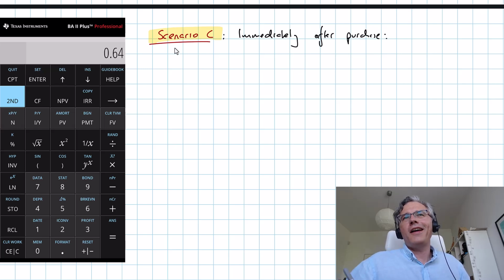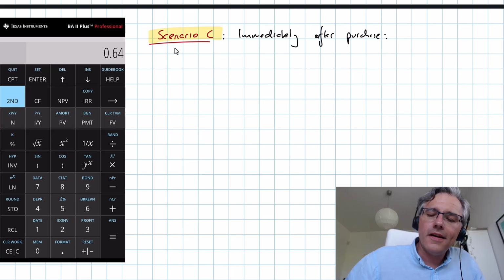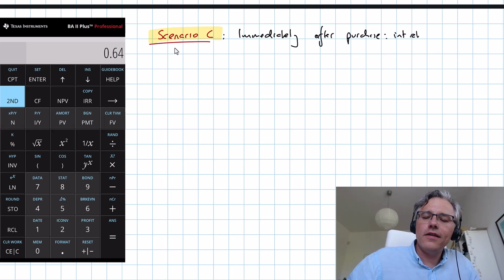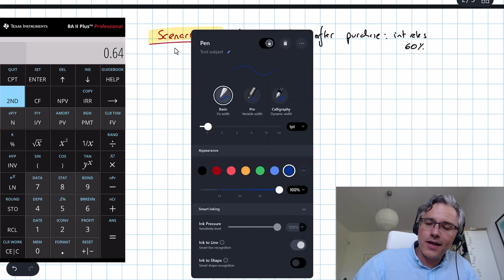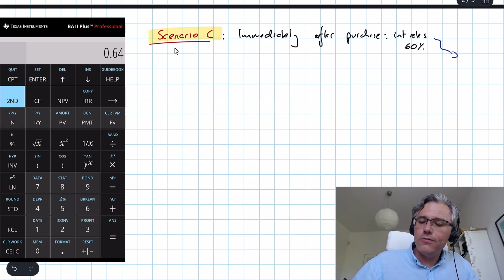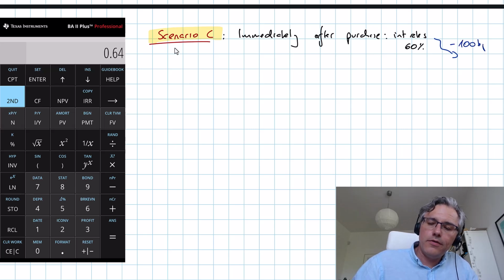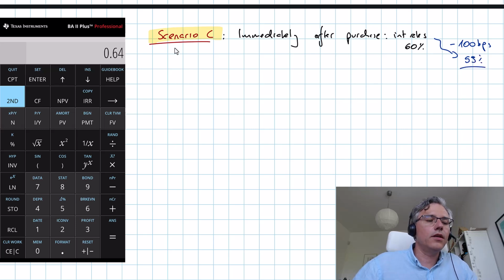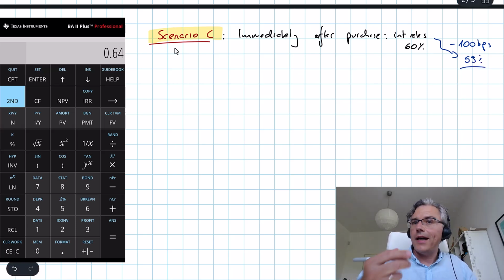It's enough that it happens before the first coupon is received. That's what matters. Interest rates go down from the initial 60, which was our YTM, to a level of, well, let's do it by 100 basis points, to a fresh level of 59%. Okay. What would happen now?